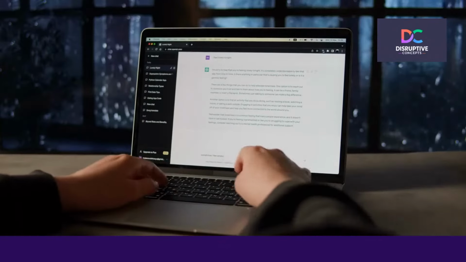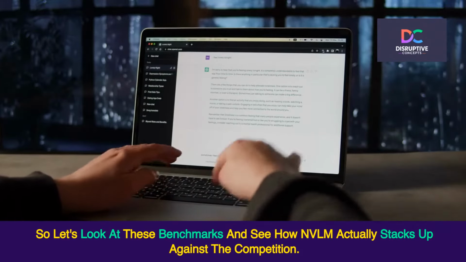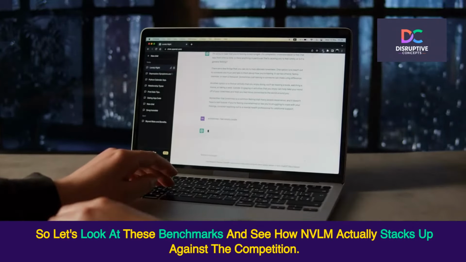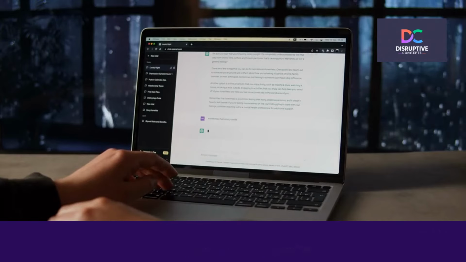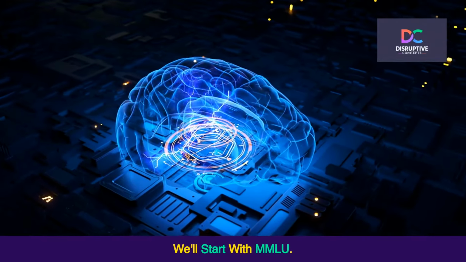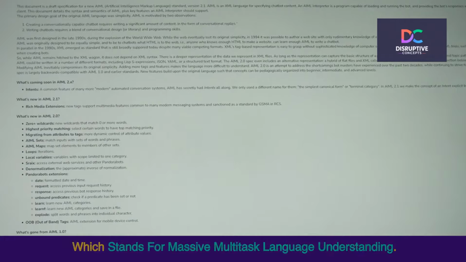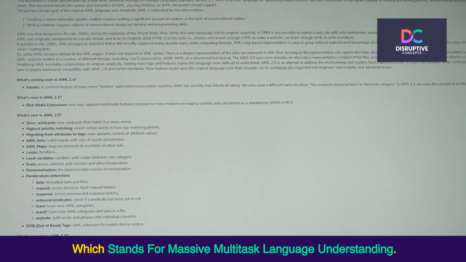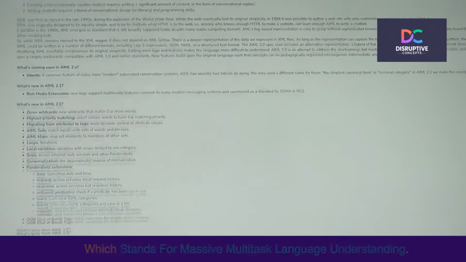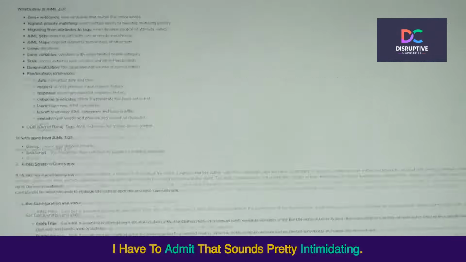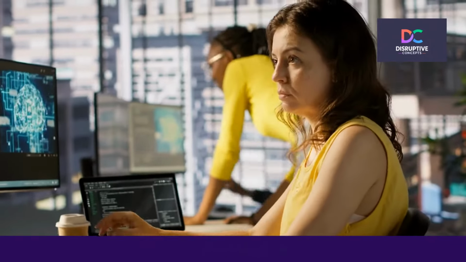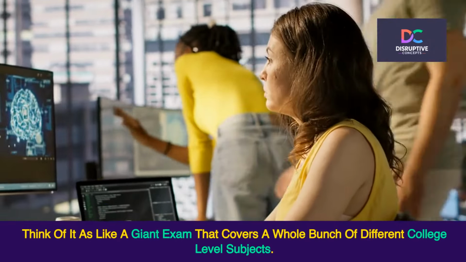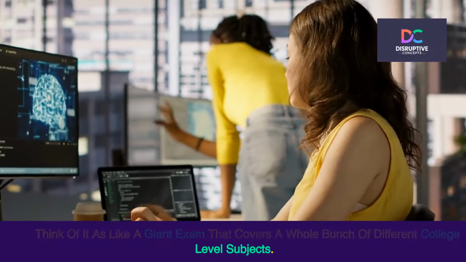Let's get into it. All right, so let's look at these benchmarks and see how NVLM actually stacks up against the competition. We'll start with MMLU, which stands for Massive Multitask Language Understanding. Okay, I have to admit that sounds pretty intimidating. It is a tough test. Think of it as like a giant exam that covers a whole bunch of different college-level subjects.